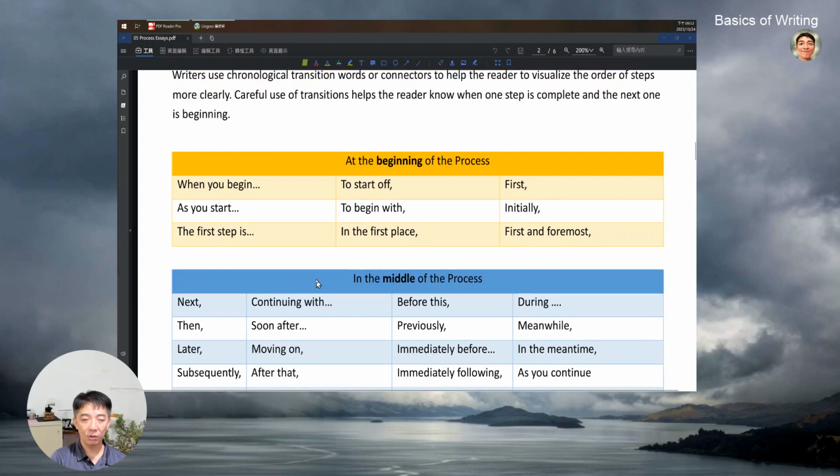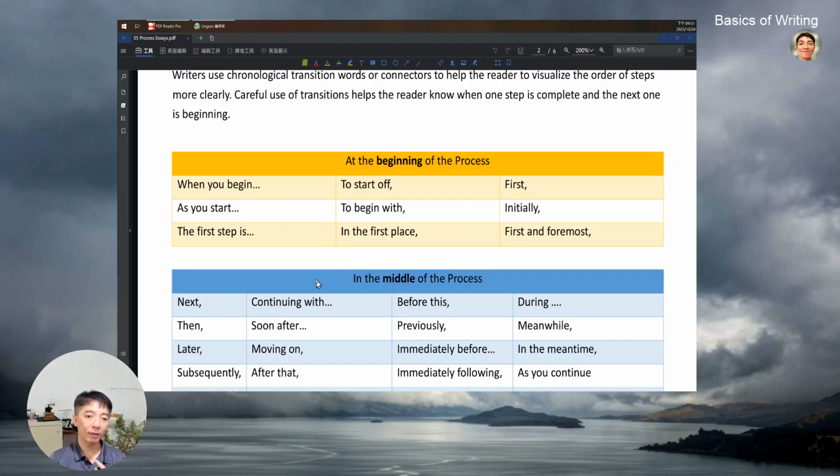At the very beginning of the process, you can use these phrases, and people will know that you start a new process. Or in the middle of the process, there's also something that goes first, and then comes next. So for process essays, you need to use transitions to guide your reader to visualize the steps clearly.